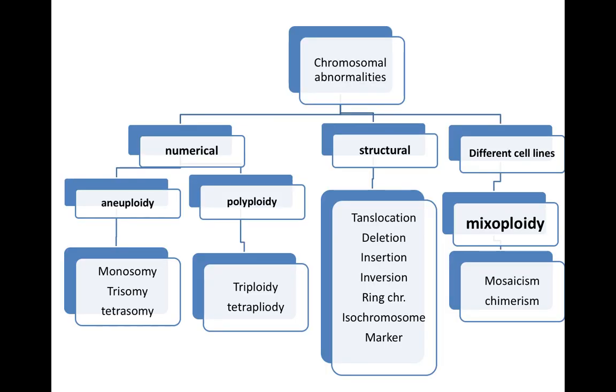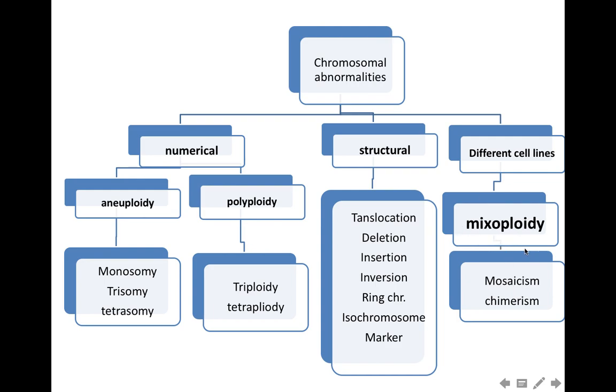This diagram is a summary of the classification of chromosomal abnormalities. Again, you can have a numerical abnormality, a structural one, or you can have different cell lines, one that is normal and one that is abnormal, having any of the two types of chromosomal abnormalities. The different cell line is the mixoploidy.